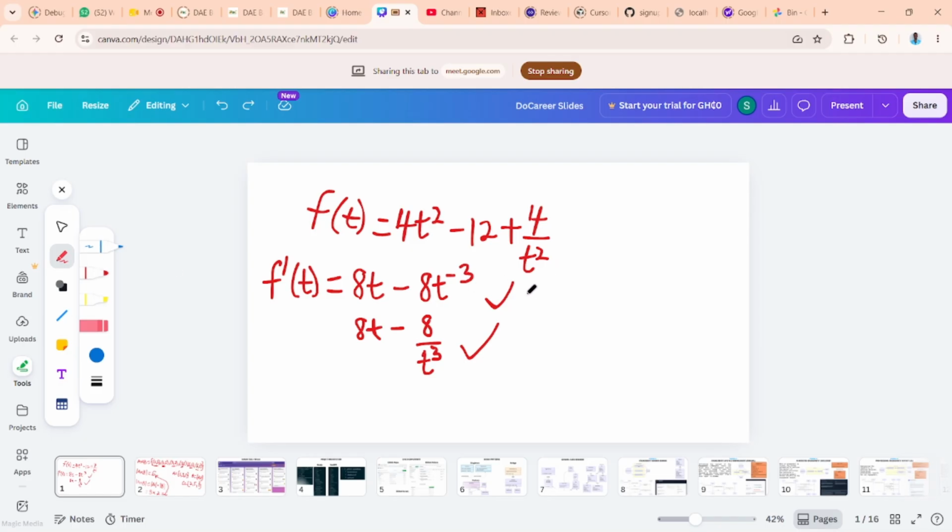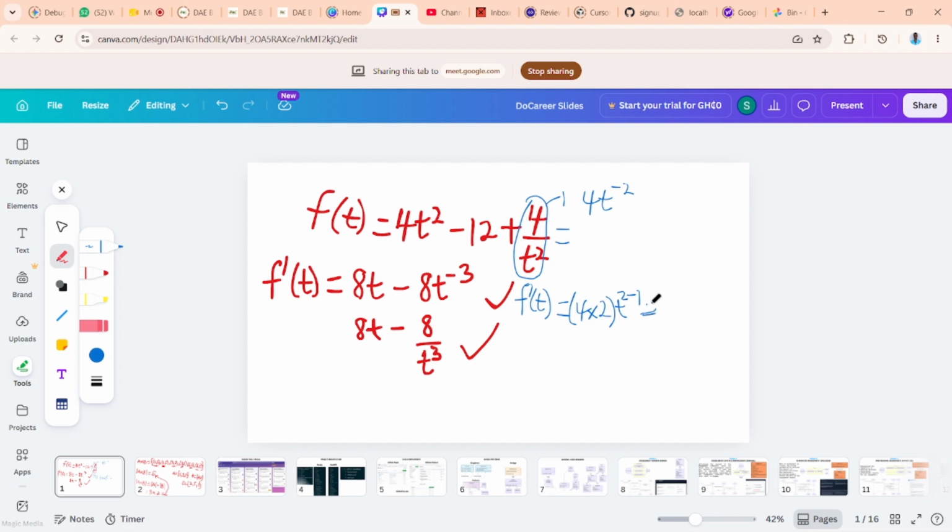All right. So to find the f prime of t will be equal to 4 times 2 t to the power 2 minus 1, minus 12. This is a constant, so for that constant the derivative is 0. So we focus on the plus part. I can rewrite this as 4t to the power negative 2.